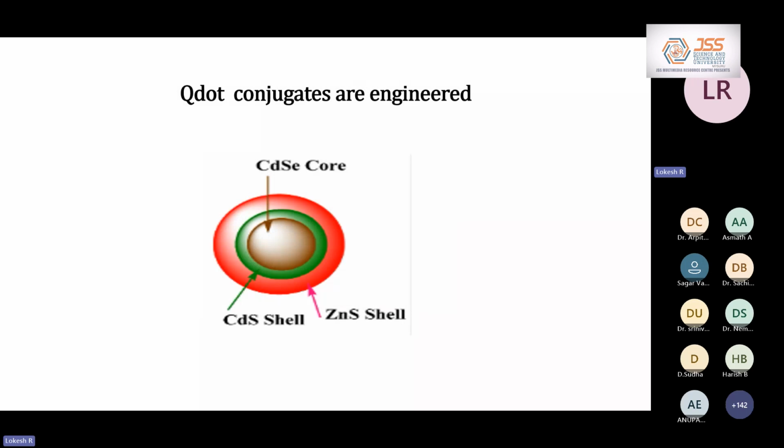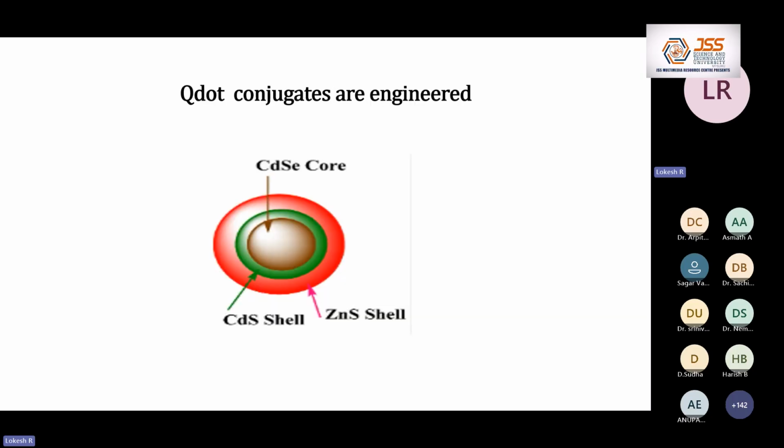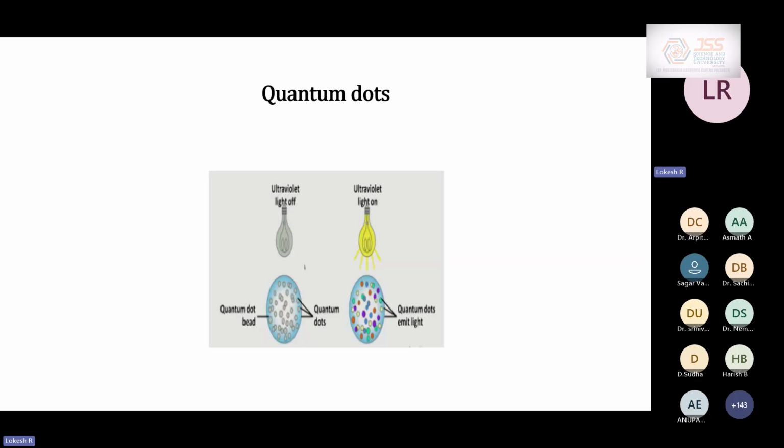It cannot be used directly because they are toxic. To make it biocompatible, they are covered with an inorganic layer and then with an organic layer. In the organic layer, antibodies can be attached and injected into the human body so that they can go and get connected to the cancerous cell.